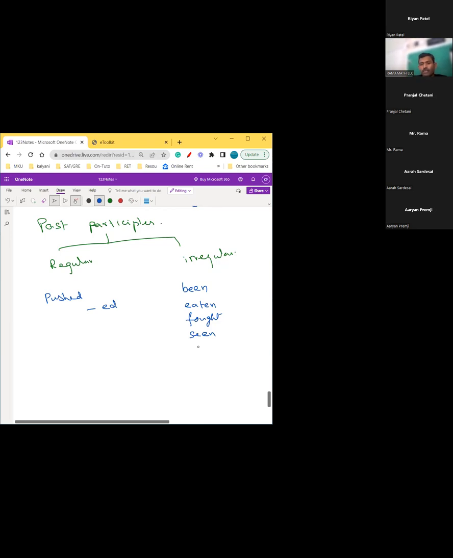And if you see participles in a given passage without the helping verbs, they act as adjectives. For example, participle phrases.